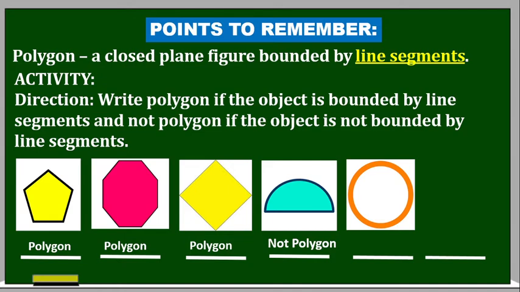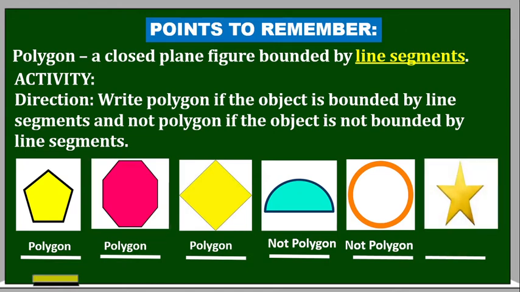Not a polygon because it is a circle. And the last object. Is it bounded by line segments? Yes, therefore the object is a polygon. Take note that in polygon, it should be line segments.